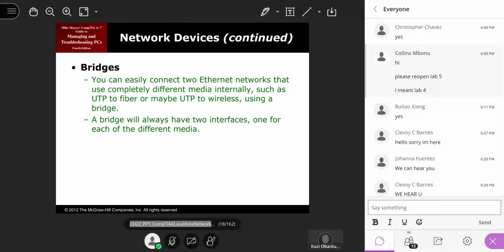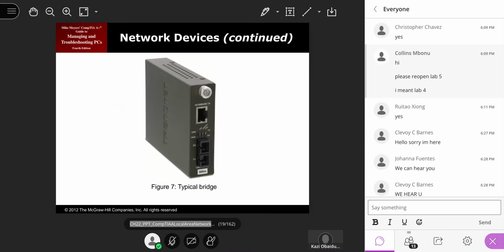Similarly, a bridge will always have two interfaces, one for each of the different media. One medium is based on cable, another is wireless. Understand? It's very interesting.